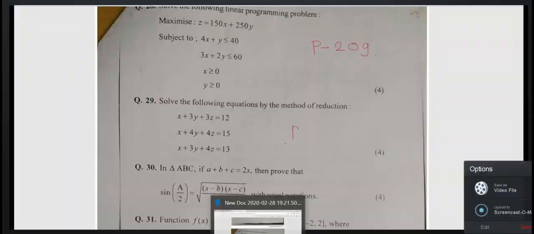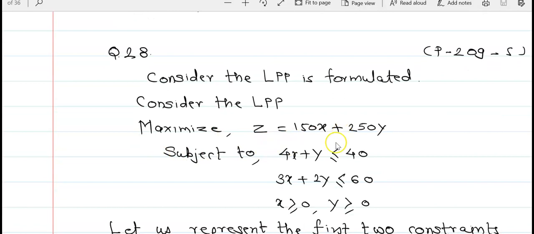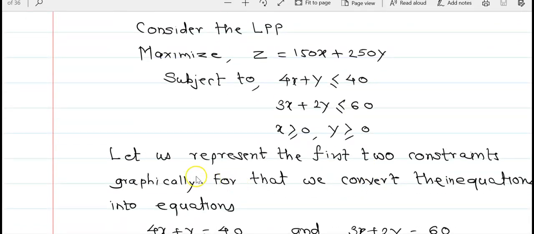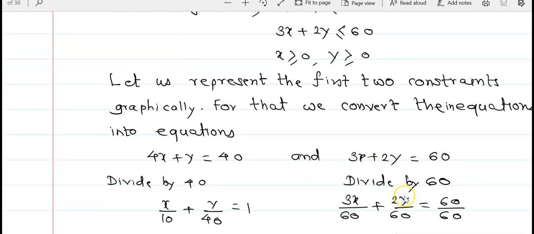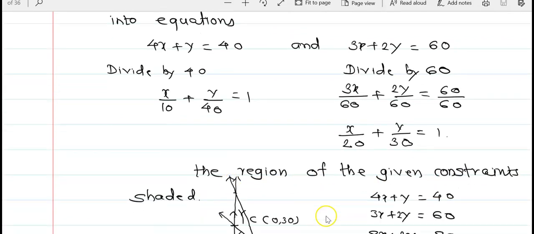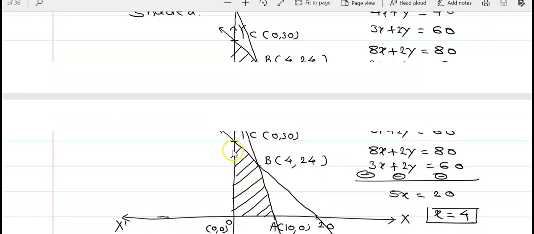Now see this again here. Maximize, these are the equations. Let us represent the first two constraints graphically. For that we convert the inequations to equations: 4x + y = 40, 3x + 2y = 60. Divide on both sides by 40, x upon 10 plus y upon 40 is equal to 1. 3x upon 60 plus 2y upon 60 equals 60 upon 60. The region of the given constraints is shown here. These are the points.